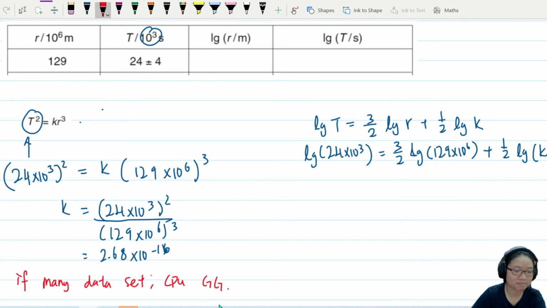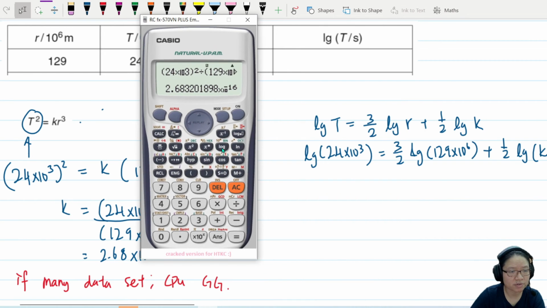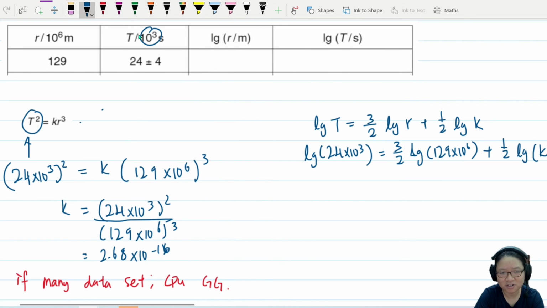Okay, what about this one? Let's see. Ta-da! I'm going to log this one first. Log 24 times 10 to the power of 3 is 4.38. I think my calculator or my computer is happier dealing with 4.38. What about the other term?